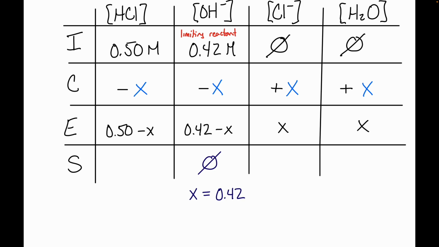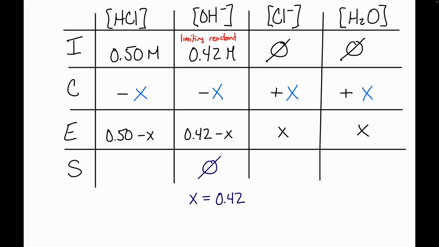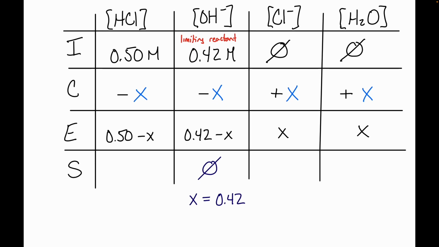All right, so then everybody take a second, fill in our other solve box here. So 0.5 minus x would be 0.08, x 0.42, x 0.42.